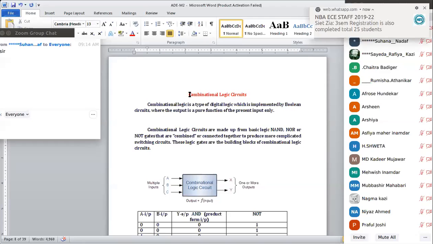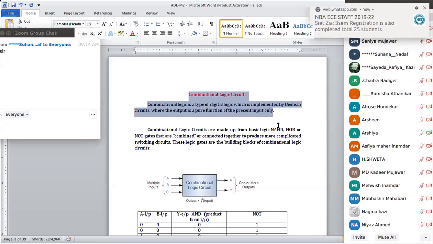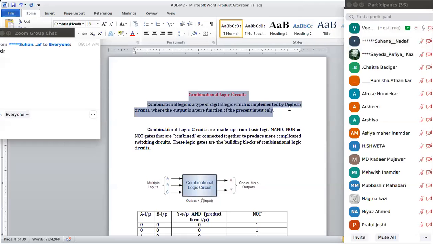Whenever I go for combinational logic circuits, the output is completely dependent upon the present input. You may ask, what is a present input? When I say present input, I mean the current state of the input, and these Boolean circuits work upon a binary number system.